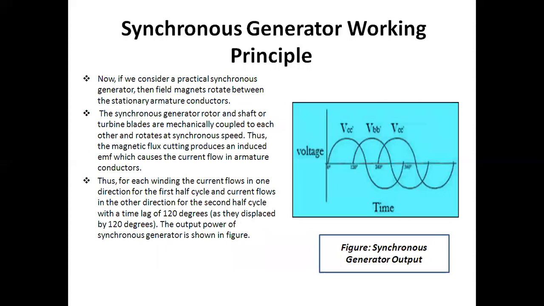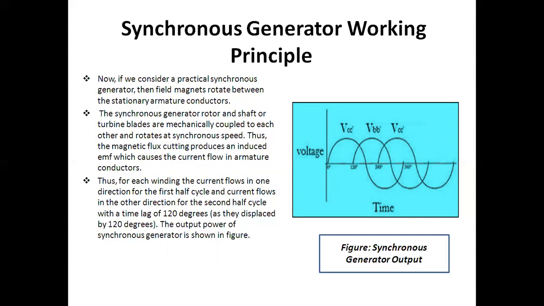So this is the output from the synchronous generator. This is a pictorial view. If we consider a practical synchronous generator, the field magnet rotates between stationary armature conductors. In the synchronous generator, the rotor and shaft or turbine blades are mechanically coupled to each other and rotate at synchronous speed.